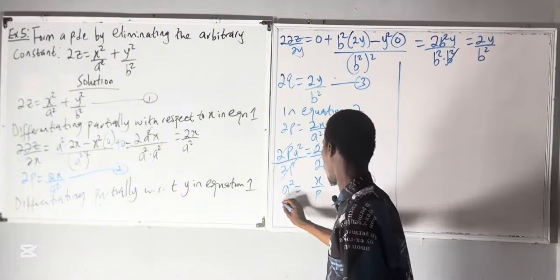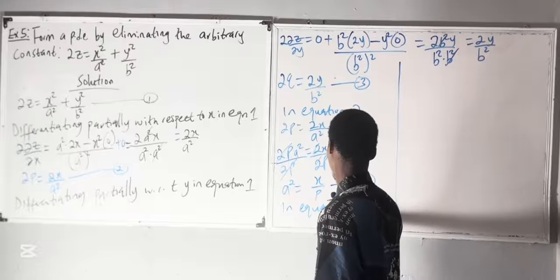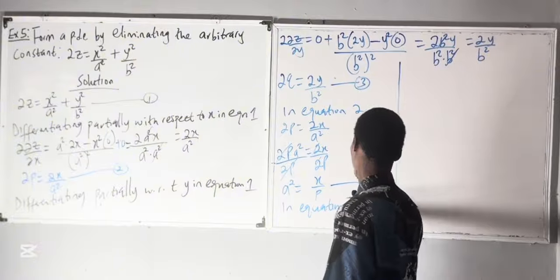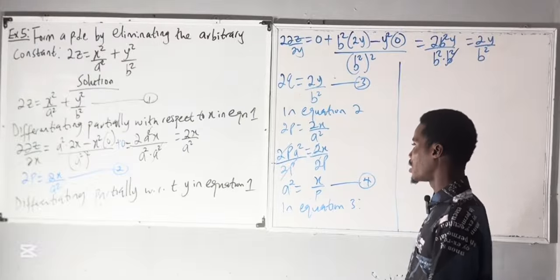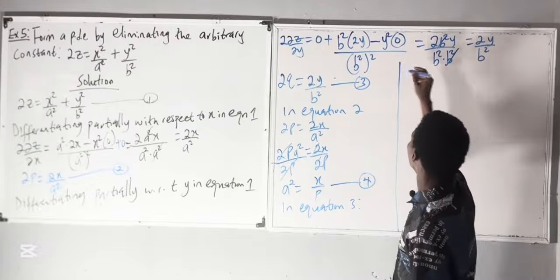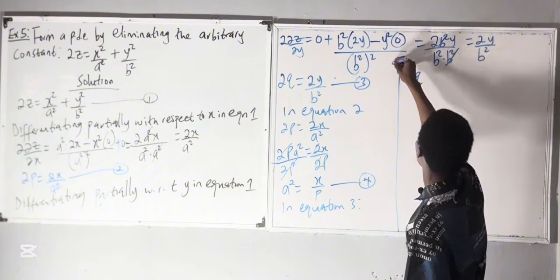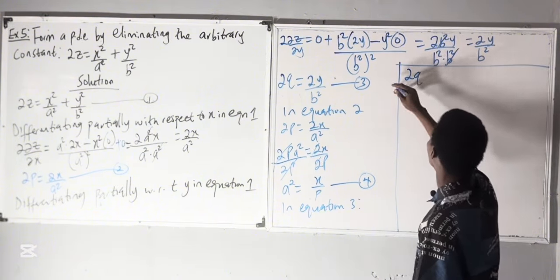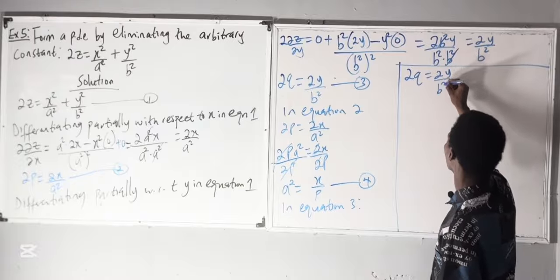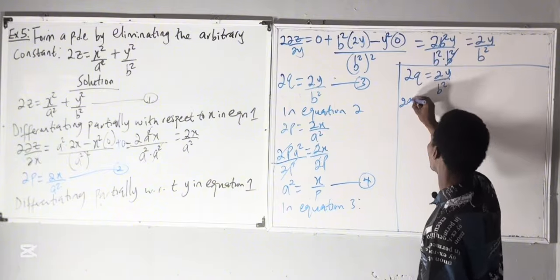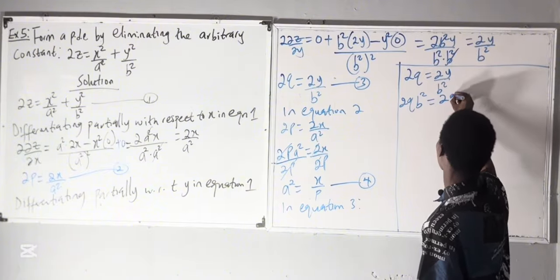Then in equation 3, make b square the subject of formula. Then the equation will become 2q is equal to 2y all over b square. If I cross multiply, I'm going to have 2q b square is equal to 2y. And I want to make b square the subject of formula.